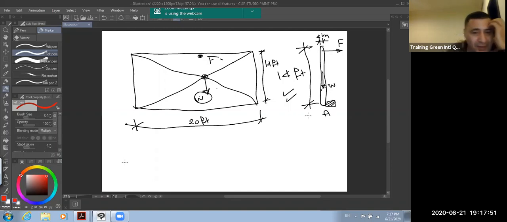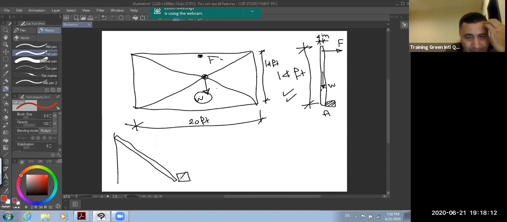So now the current situation before pulling the wall: this is the wall, this is the panel rested on the wall like that, here is the block at point A, and here is F. F needs to pull the wall and overturn it in this direction.